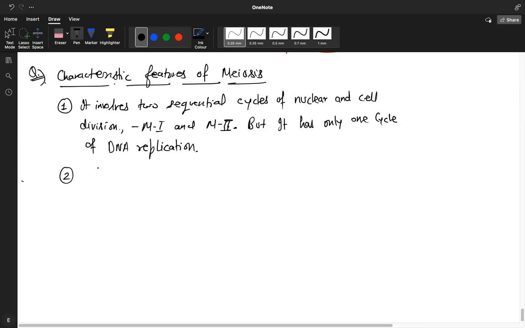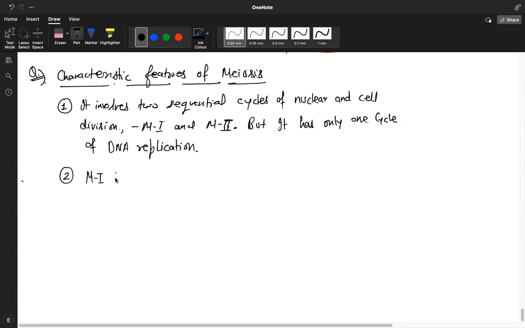Meiosis-1 begins after the parental chromosomes replicate to produce identical sister chromatids at S phase. You know, sister chromatids are formed at S phase.